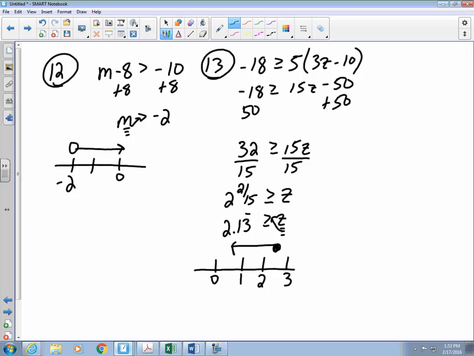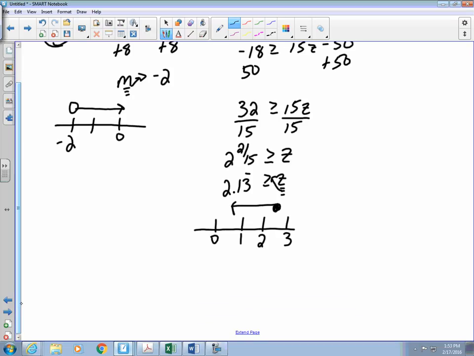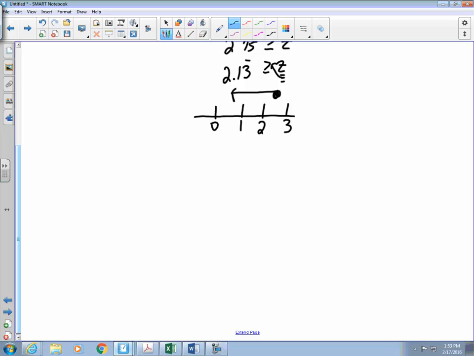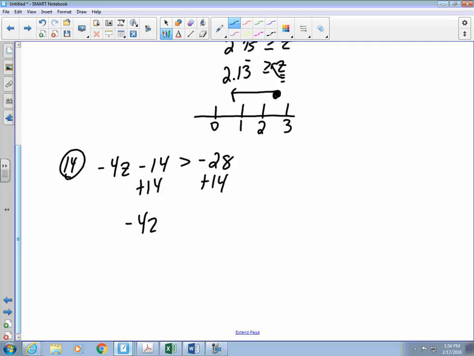One more. Now this last one is where you have to change the sign because you're going to have a negative coefficient which you would have to divide by. So if I have negative 4z minus 14, and that's greater than negative 28, I go through and do my two-step just like I did before, so get rid of the constant, and now I'm at negative 14 right here.